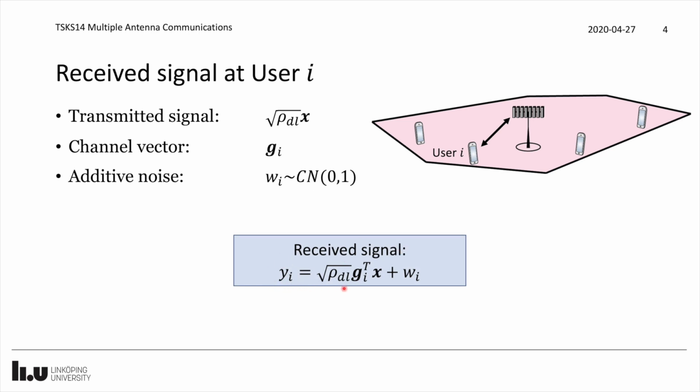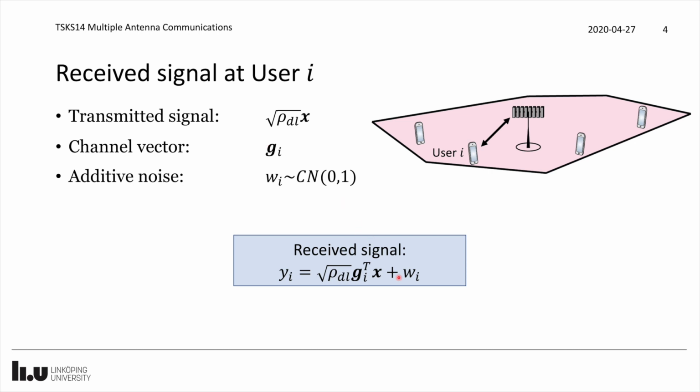It's going to be an inner product between the channel vector and x, but it's just a transpose here, so it's not a conjugate. That is because each transmitted signal is multiplied with the corresponding channel coefficient in g_i, so there is no complex conjugation or anything like that going on.